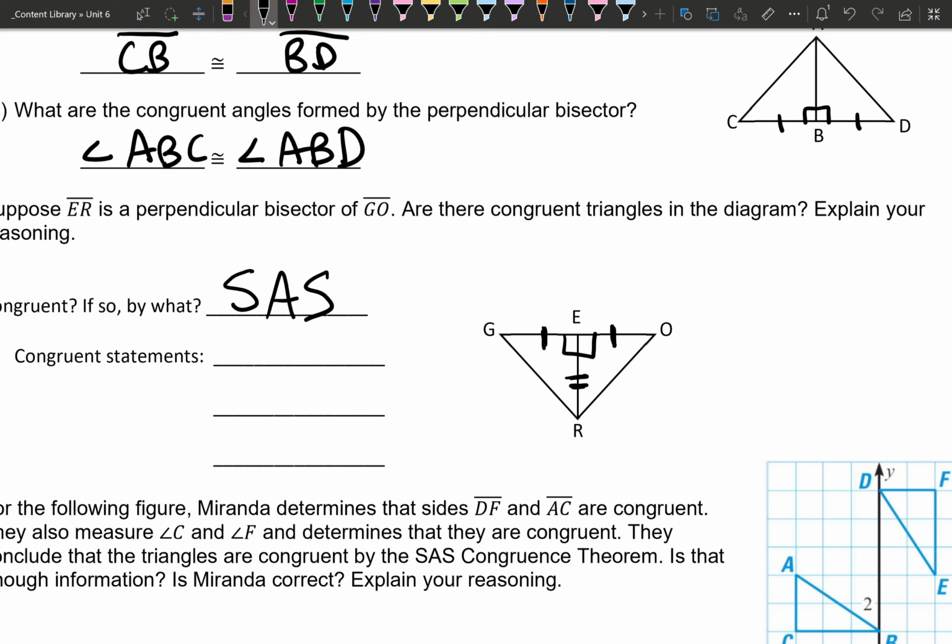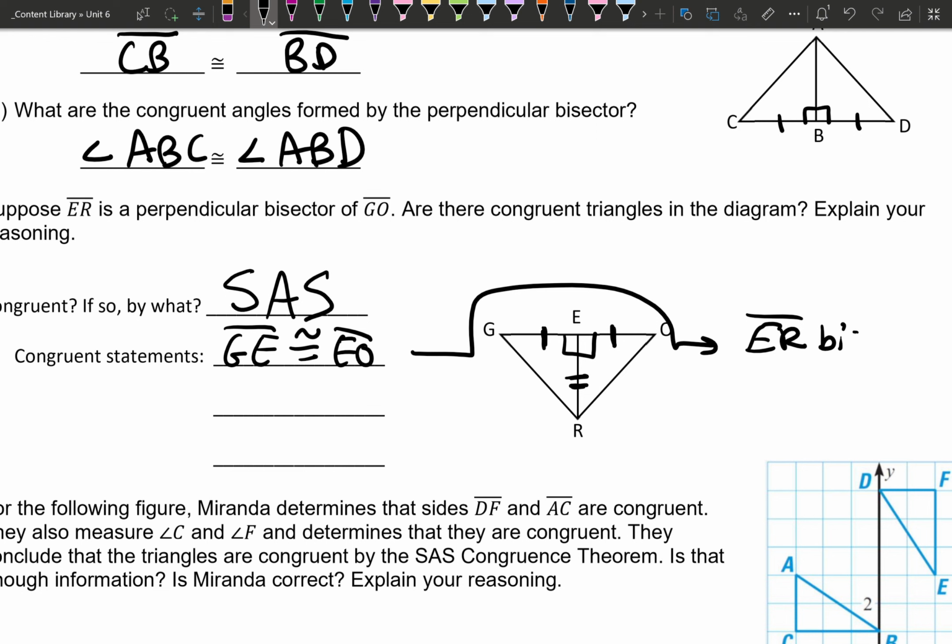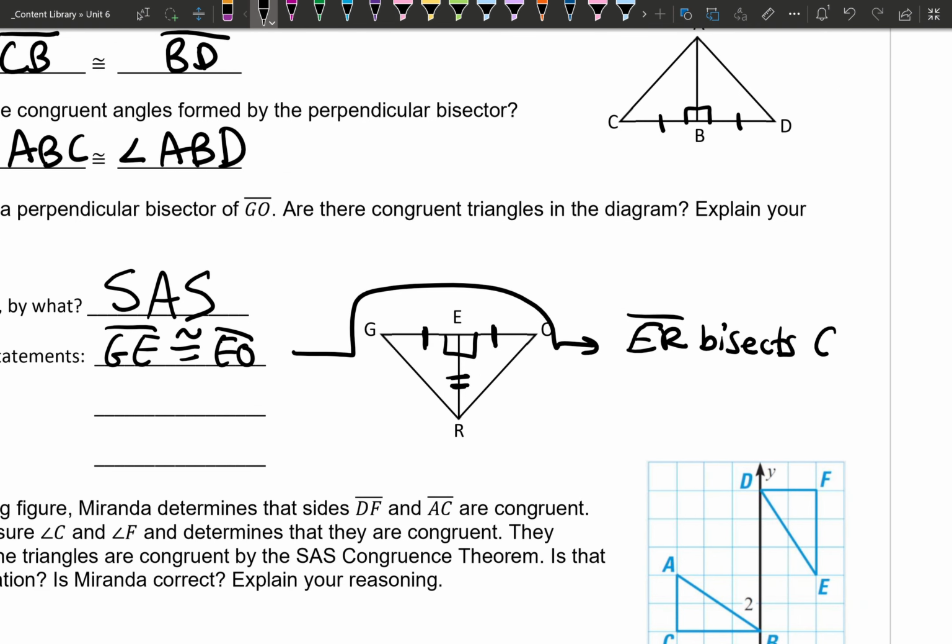Congruent statements. First, we've got GE congruent to EO. And I'm going to write that's because ER bisects GO.